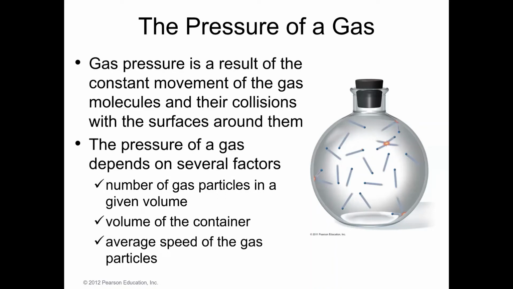Now, this is interesting again. We refer to this average speed, not just a speed, average speed, because we are implying that the particles here don't all have the same speed, some slower, some faster. So that's why we're saying average speed.